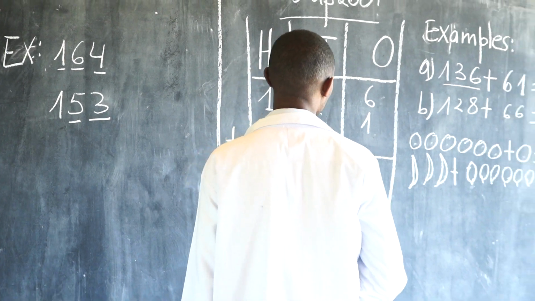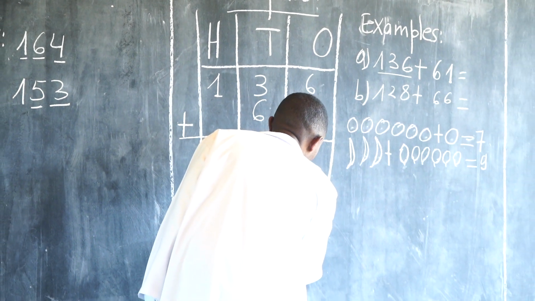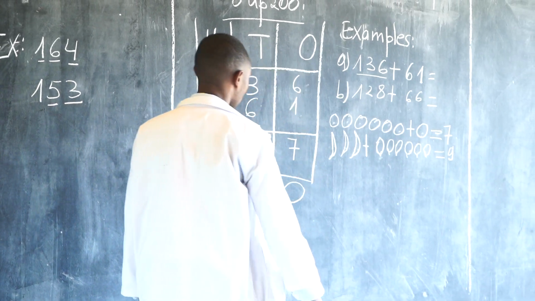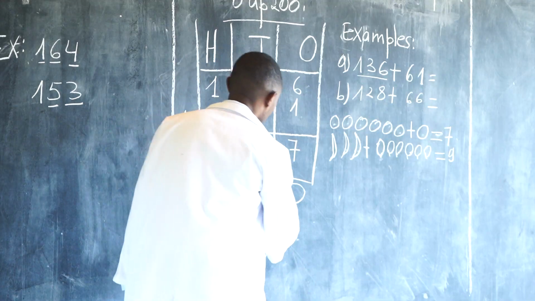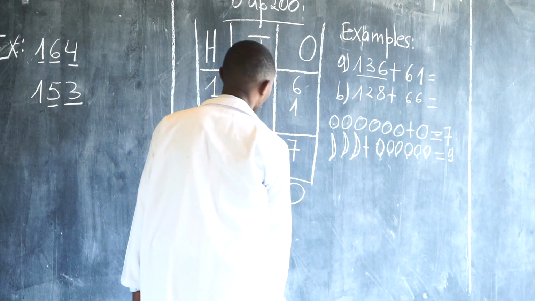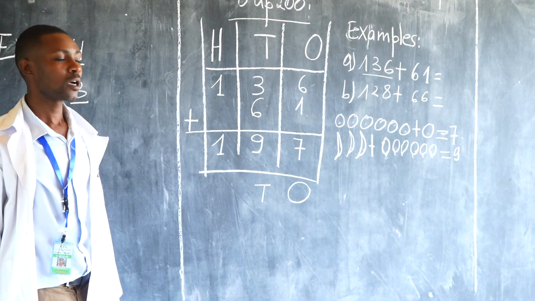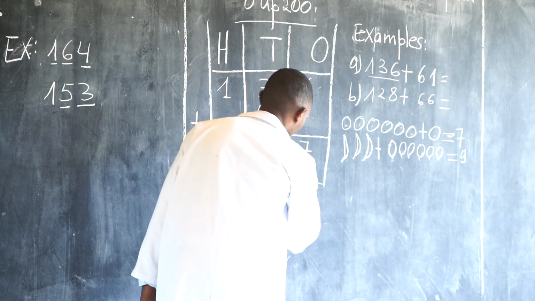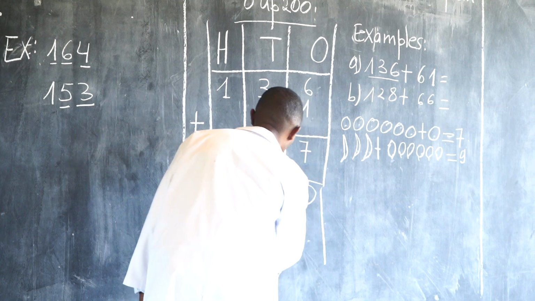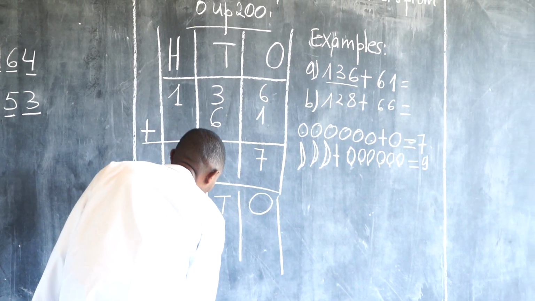As you have seen, we have to start with the ones. After ones, we are continuing with tens. After tens, it is hundreds. Okay. Now let us draw our place value table.